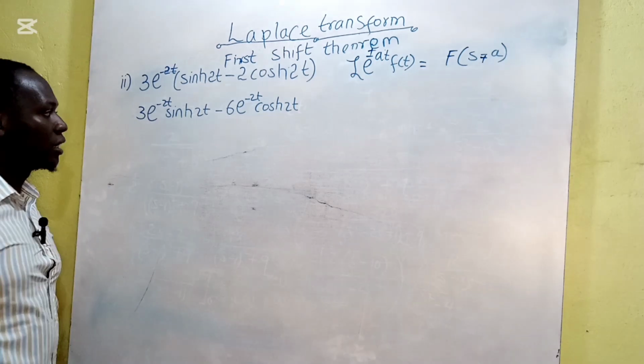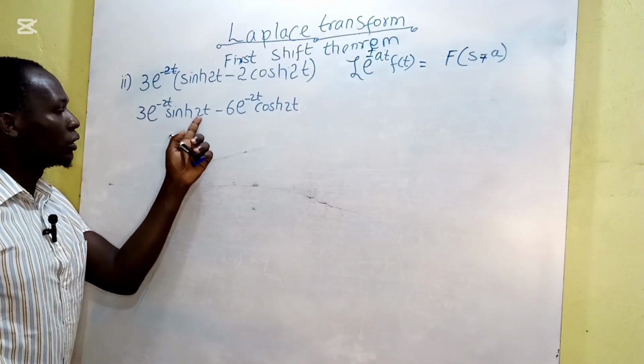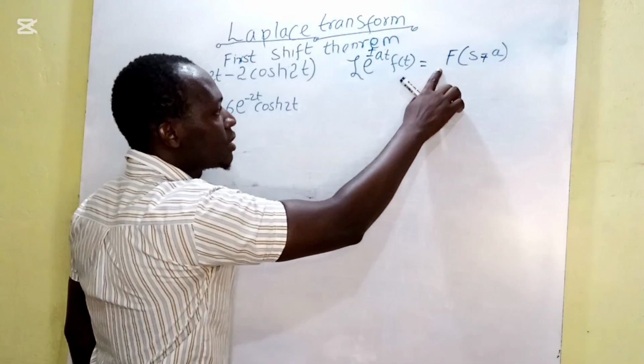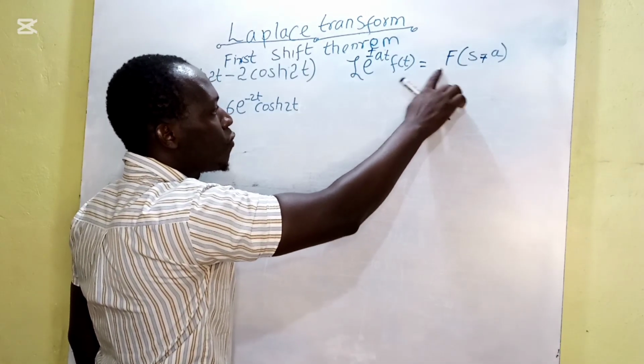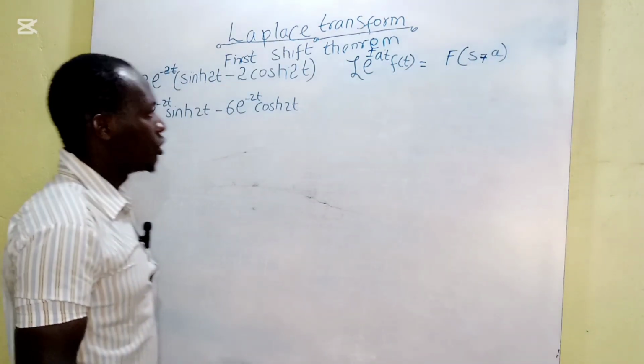Let us now find the Laplace transform of sine hyperbolic 2t, because we first get the Laplace transform of our function f of t, and then to the term of s we do our shifting.